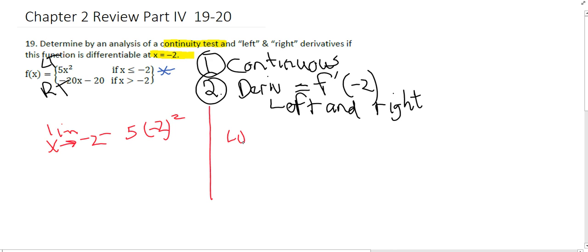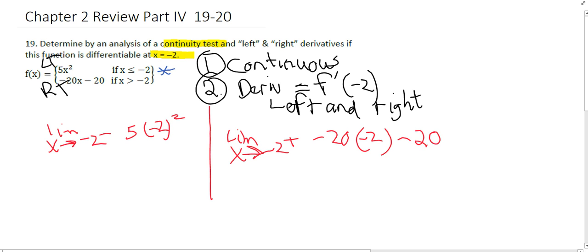Then we're going to look at the limit as x approaches -2 from the right-hand side, and we're going to use the linear function. So every time we see x, we're going to plug in our value -2 and see if these two things are equal and check for continuity. That's -20 times x minus 20.